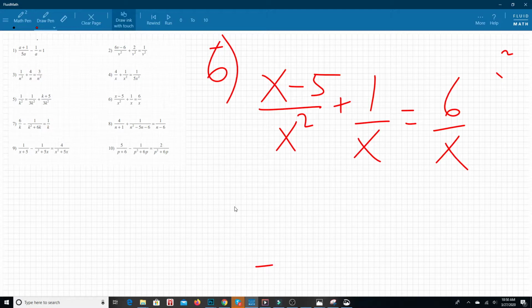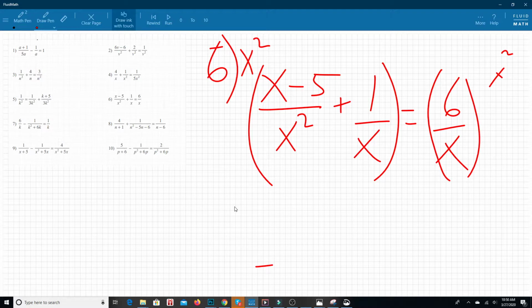Remember, it's a term that all 3 of the denominators have to go into. So in this case, it's going to be x squared. Thanks for the participation, guys. It's going to be x squared, right?